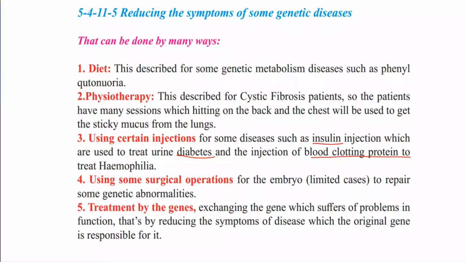Do the test, so the genes which cause diseases are determined and they can be changed with other genes. That reduces the symptoms of the disease which the original gene is responsible for, like removing the gene which causes diabetes and replacing it with a normal one.